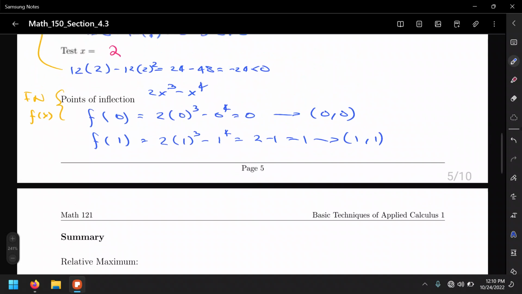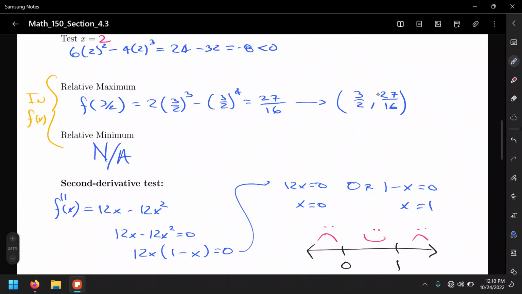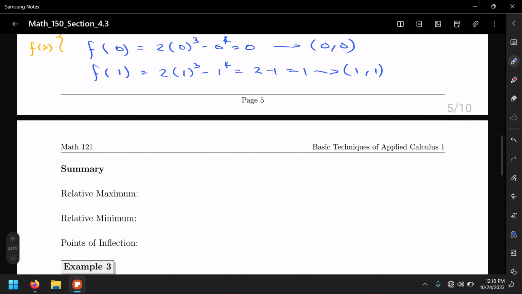So I think we got a relative max, but we didn't get any relative min. So relative max 3 halves, 27 over 16, no minimum, and the points of inflection 0, 0 and 1, 1.